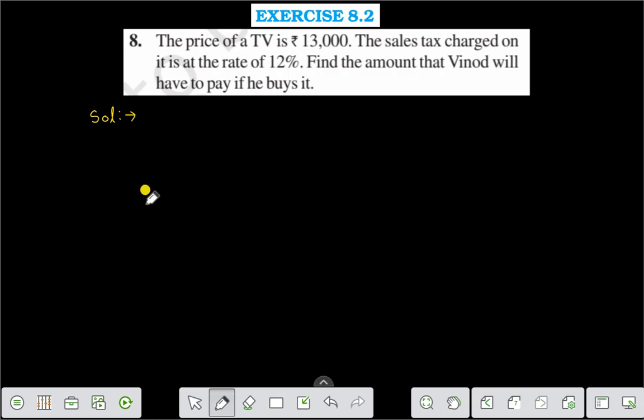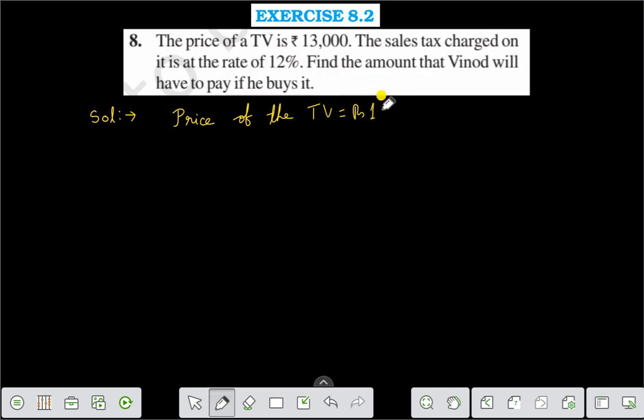Here you see that the price of the TV is equal to rupees 13,000.